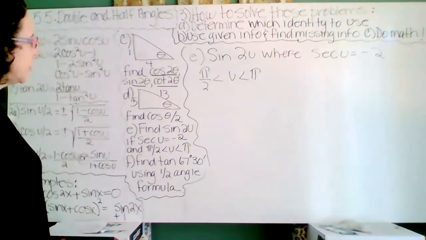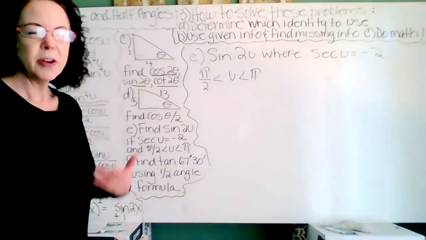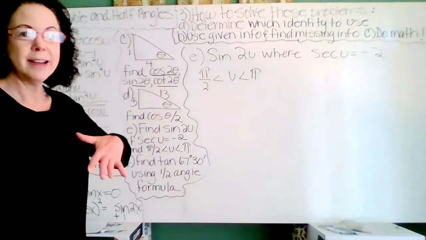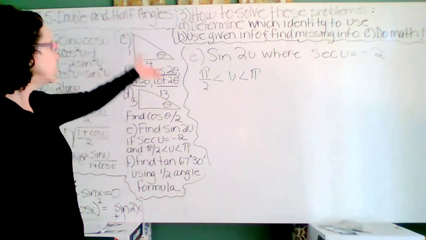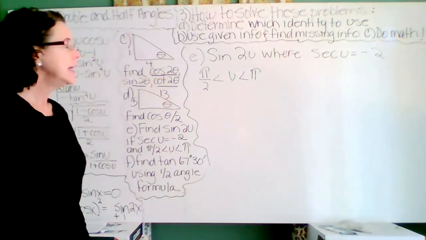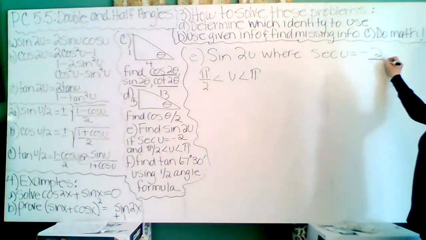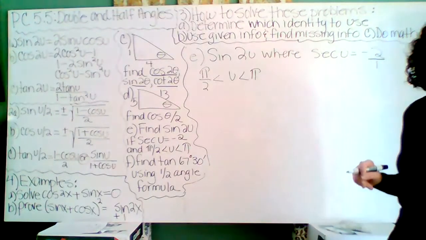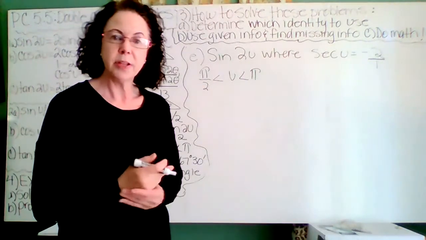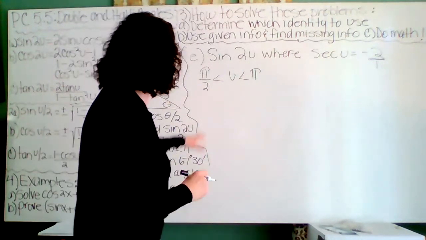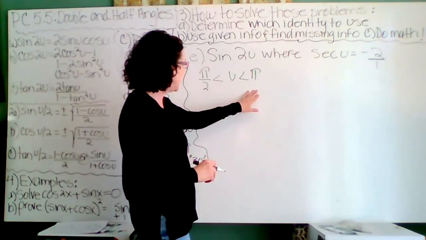Okay, let's take a look at problem E, right? So all these problems that we're doing, you have been given different information and you have to find different missing information. So sine of a double angle, given that secant of the angle is -2, and of course, we're going to call that -2 over 1 because we know these trig functions are all fractions with the numerator and denominator, where u is located in between pi over 2 and pi.